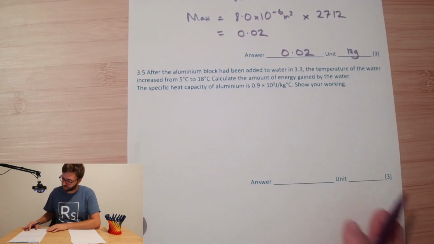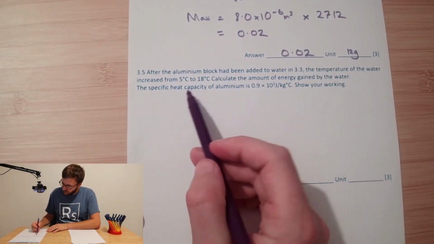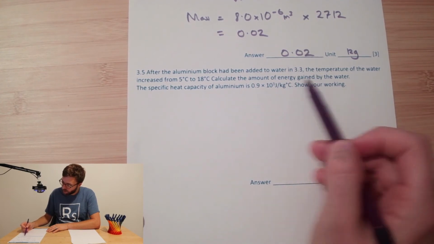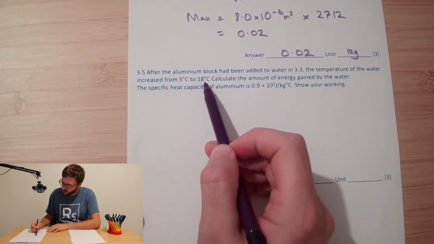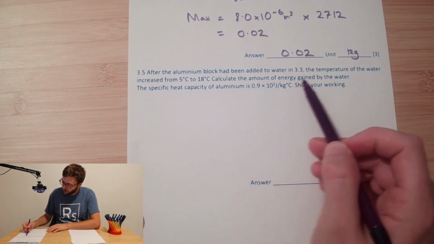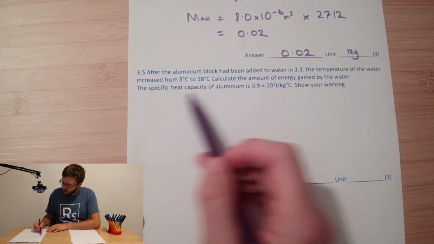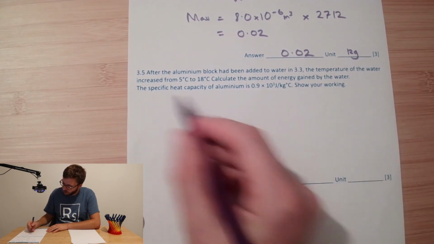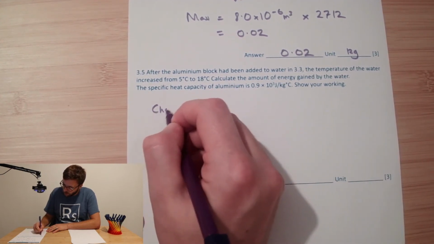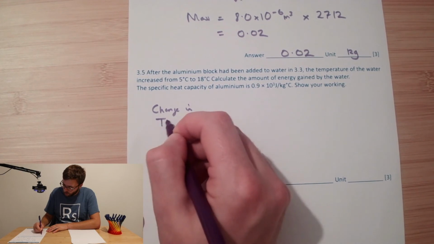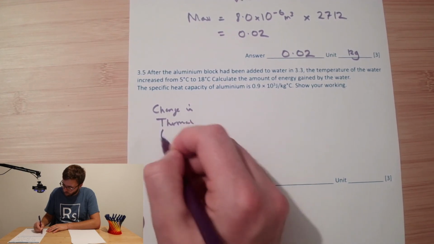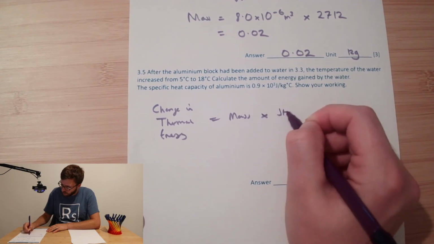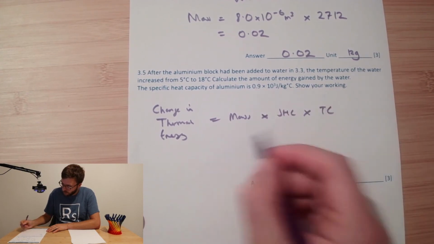And then finally, after the aluminium block has been added to the water in 3.3, the temperature of the water increased from 5 degrees Celsius to 18 degrees Celsius. Calculate the amount of energy gained by the water, given the specific heat capacity of the aluminium. Show your working. So again, we know that the change in thermal energy equals the mass multiplied by the specific heat capacity multiplied by the temperature change.